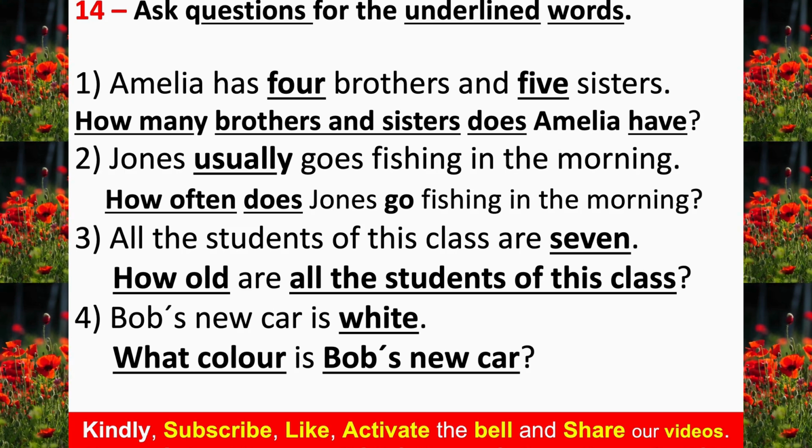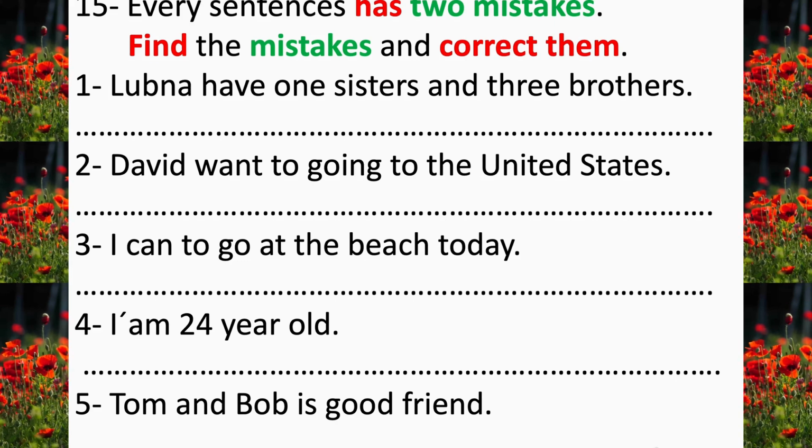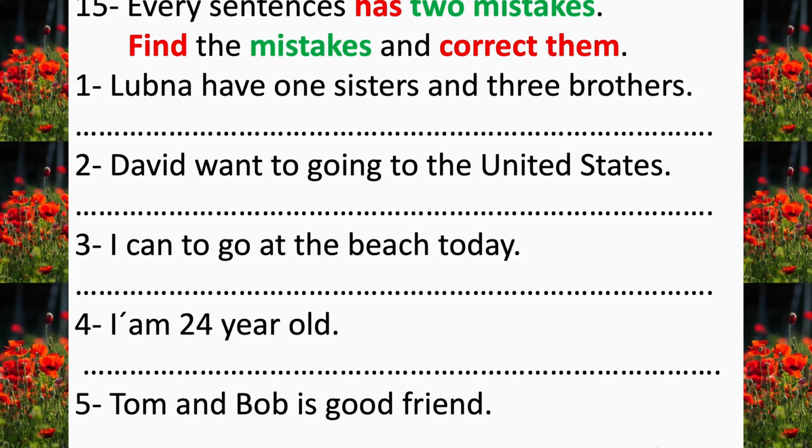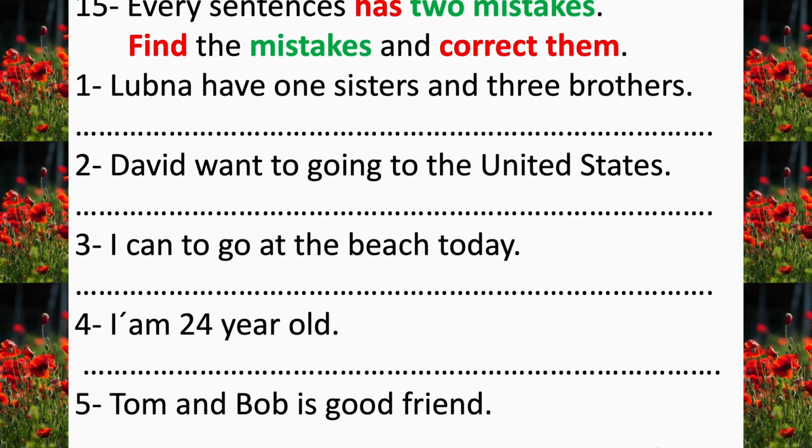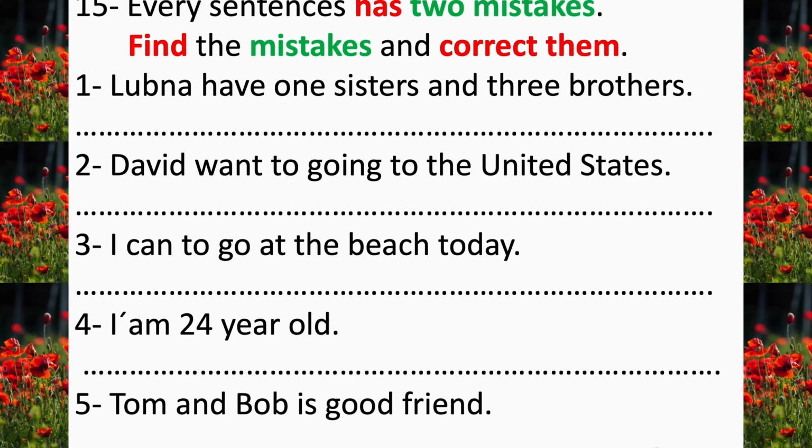Let's go to the last slide, slide number 15. In slide number 15, every sentence has 2 mistakes. Find the mistakes and correct them, or spot the mistakes and correct them. Sentence number 1: Lubna have 1 sister and 3 brothers. Let's find the mistakes.